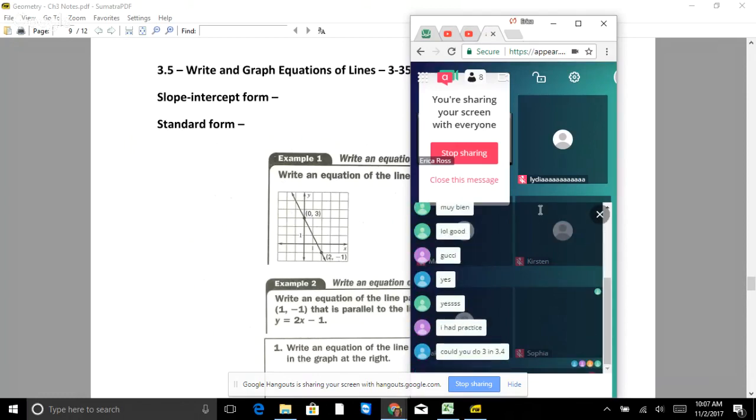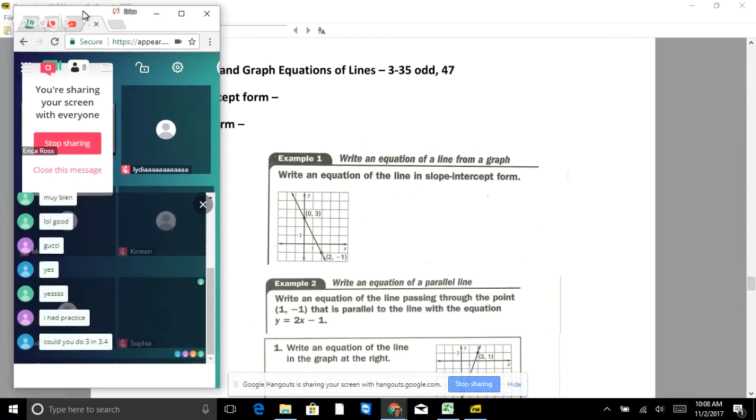Oh, number 3 and 3.4. I sure can. Give me just a second here.